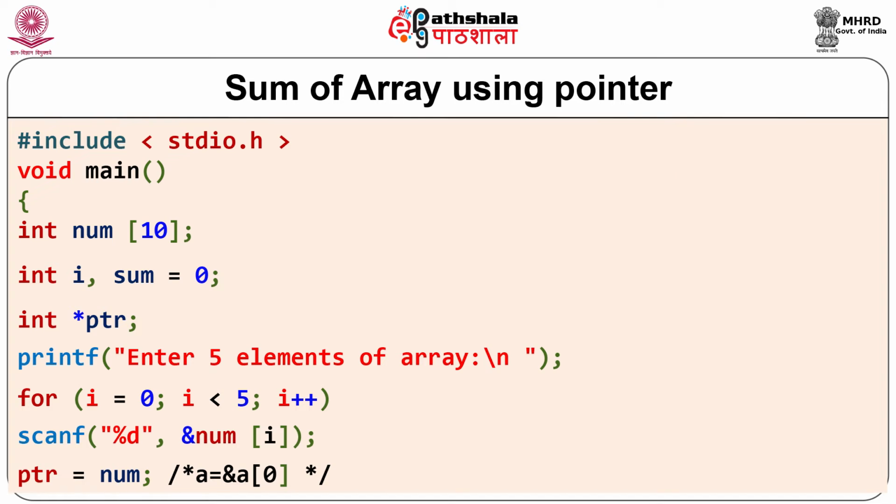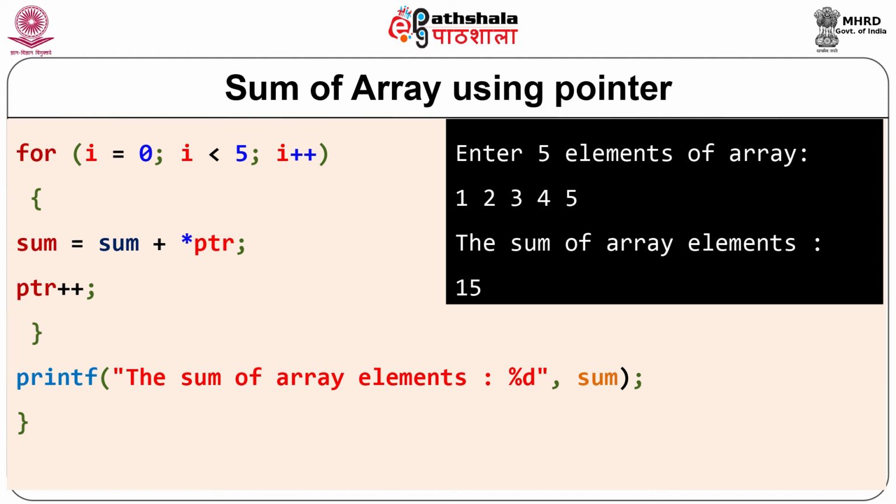This will enter elements in the array from 0 to 5. Next statement is pointer = num. As you know, this statement can be written as pointer = &a[0], pointer equal to array.